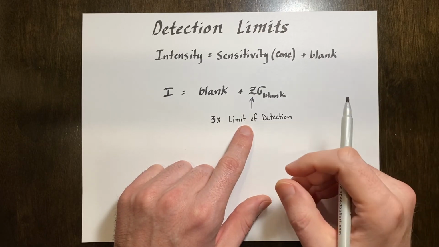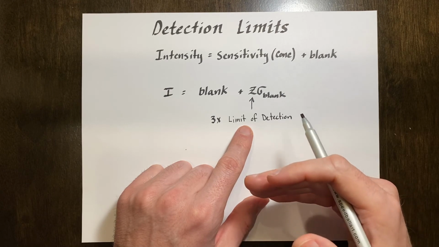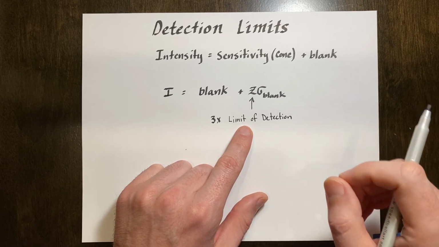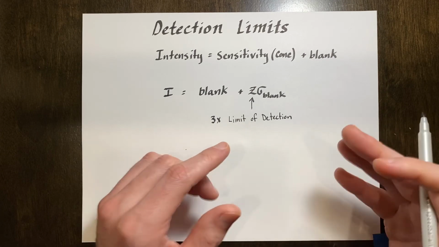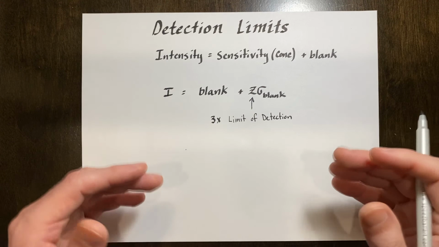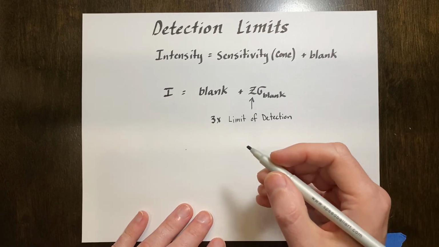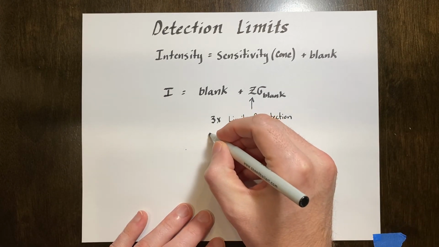Now, perhaps we don't want to just be able to say, yes, there was analyte in this sample. We want to say more about it, like actually know the concentration of the analyte. So in that case, we would use 10 times.